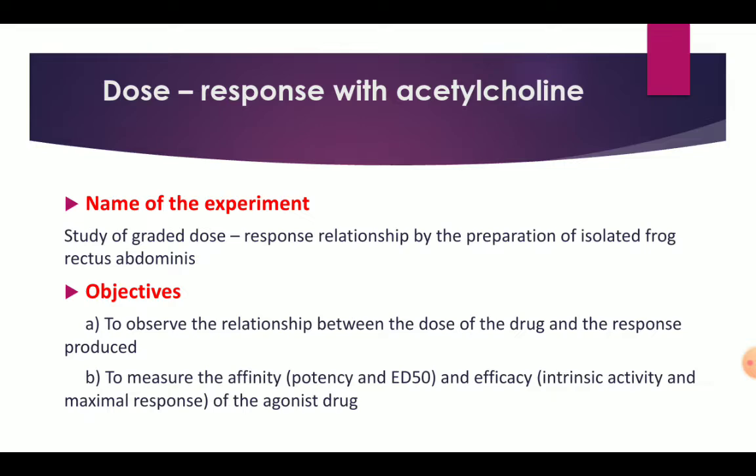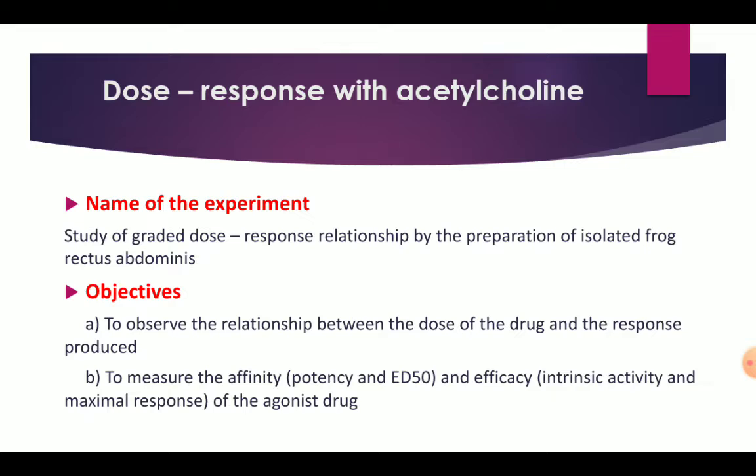So what you have to write: number 1, the name of the experiment, that means study of graded dose response relationship by the preparation of isolated frog rectus abdominis. And you have to write the objectives as well.